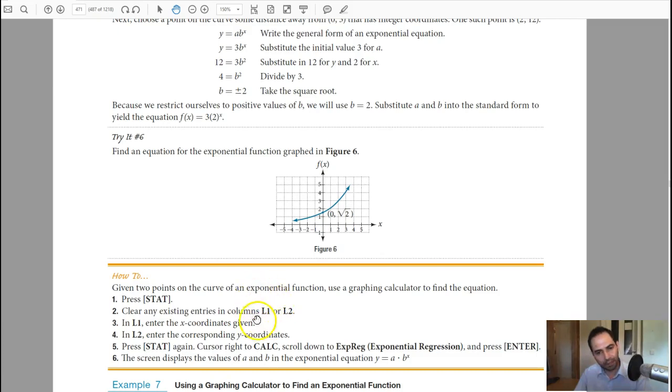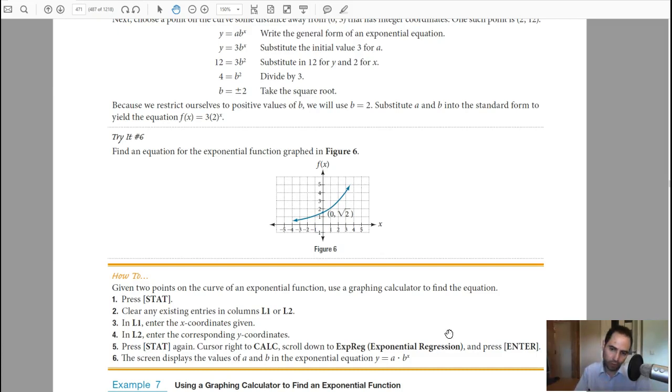It doesn't necessarily have L1 and L2, but maybe exponential regression is a part of all such calculators.